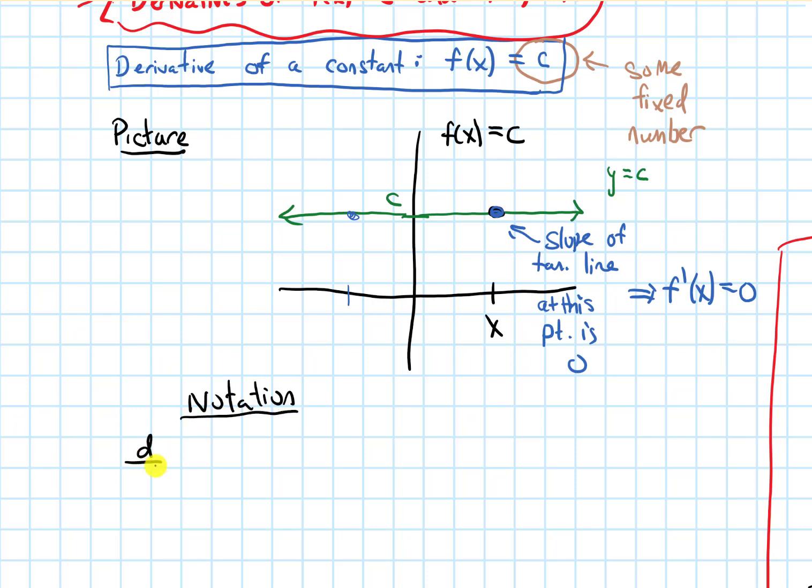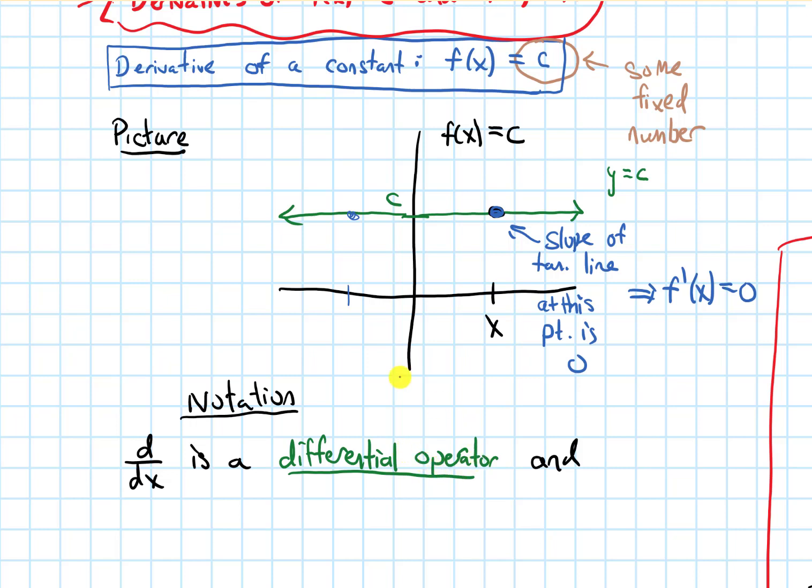When we write d dx, this looks like a fraction, but it's not actually a fraction, it's just notation. This is a differential operator. Differential means having to do with the derivative.